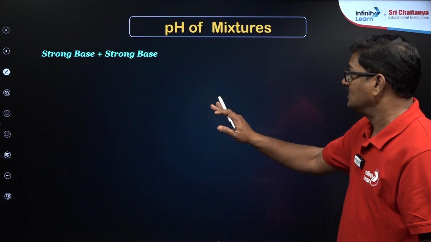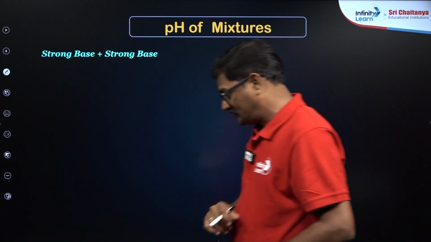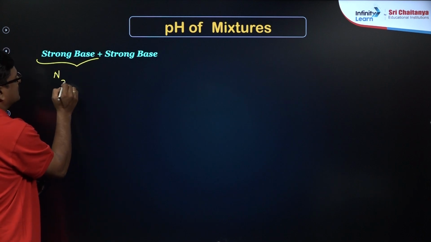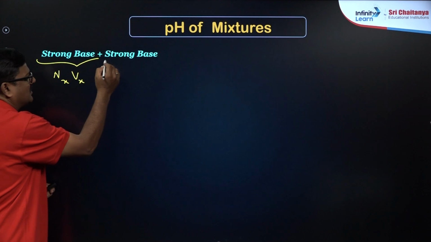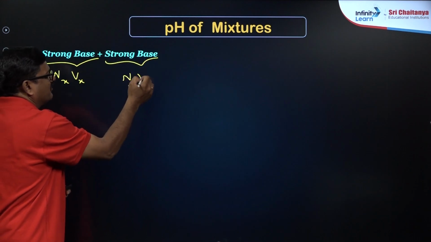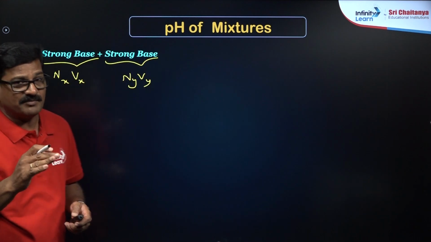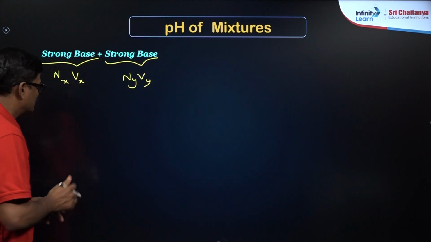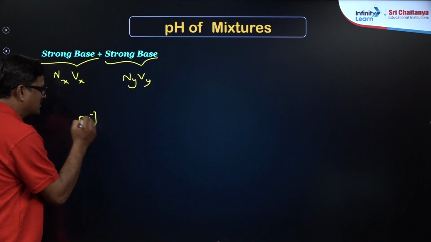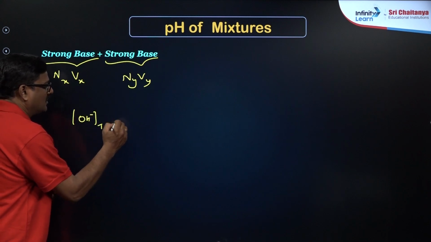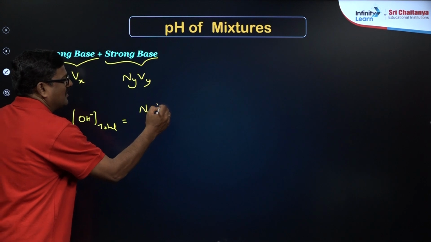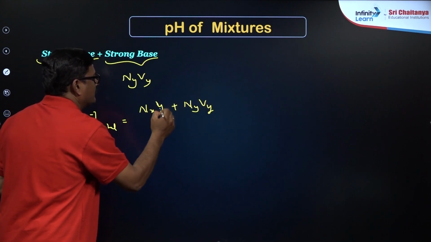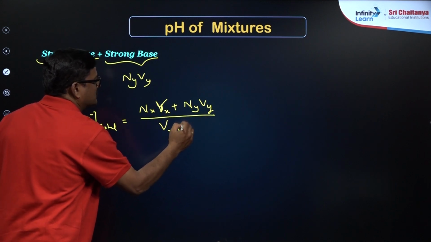Similarly, if a strong base and a strong base are mixed, we have to take the normality of the strong bases. Again it is NxVx and NyVy, where Nx is the normality of strong base X and Ny is the normality of strong base Y. So the total OH minus ion concentration can be calculated as (NxVx plus NyVy) upon (Vx plus Vy).